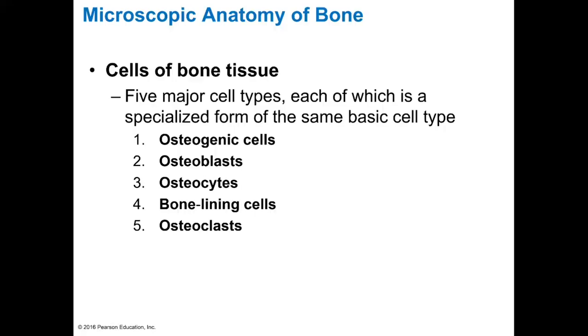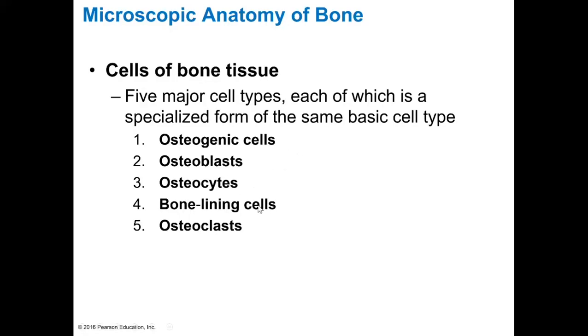There are five major cell types that make up bone. Osteogenic means basically a beginning cell, very similar to a stem-type cell that's going to differentiate into other cells. Osteoblasts build bone and osteocytes maintain. The difference between an osteoblast and an osteocyte is simply location and age. The osteoblast is a cell that secretes around itself, and once it cements itself in, it's called an osteocyte.